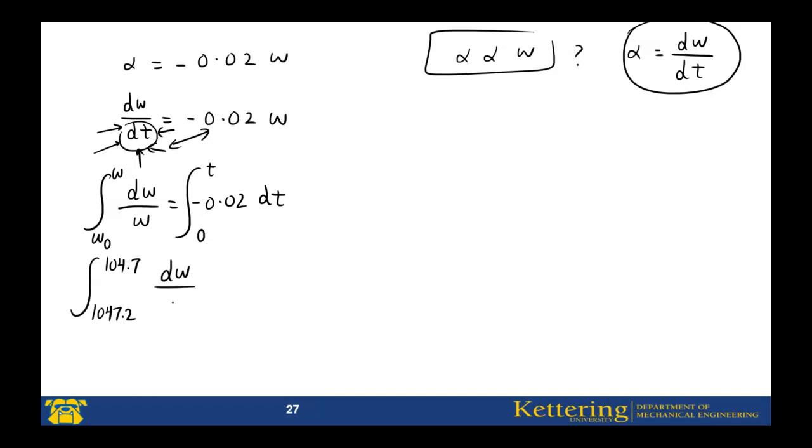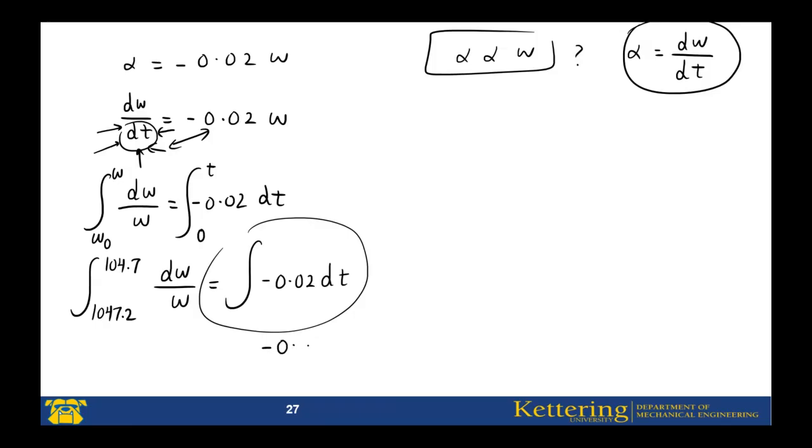The integral of d omega divided by omega equals this. The right-hand side of this integral is minus 0.02 t from 0 to t.